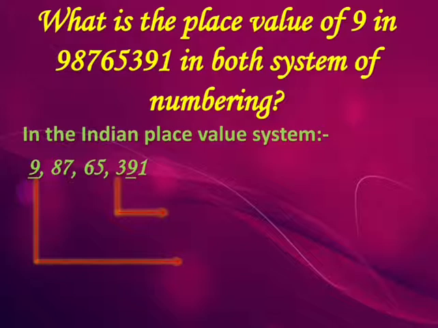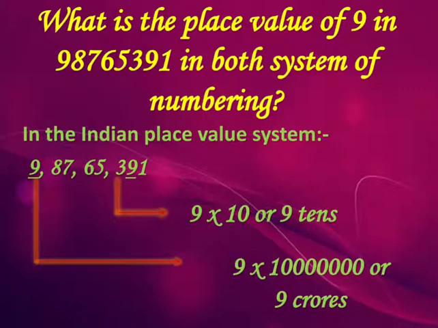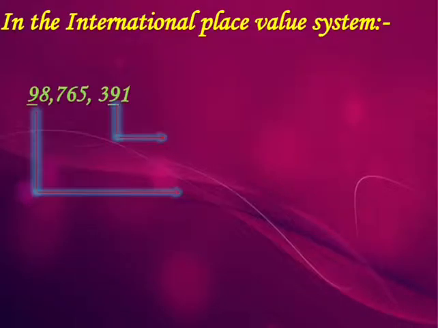So here in the Indian place value system, the place value of the first 9 will be 9 into tens, or we can call it 9 tens. Similarly, the place value of the second 9 will be 9 into 1 crore, or we can say 9 crores.